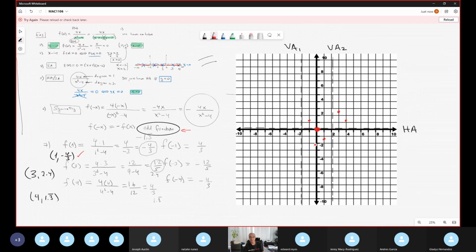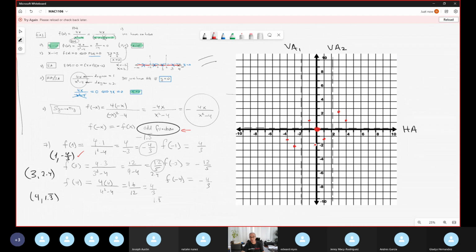And negative 3 is negative 2.4, approximately here. And negative 4 is the same as this.